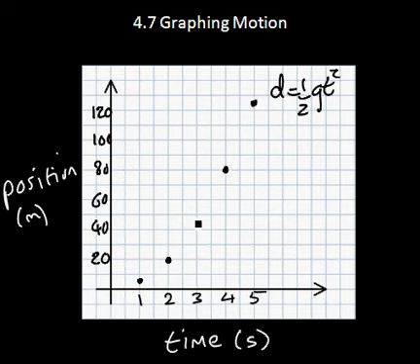So we end up with a graph that looks like that, which you should recognize, having seen it several times now. And then if I just fit a line through it, you'll see that it's a curve, getting ever and ever steeper.